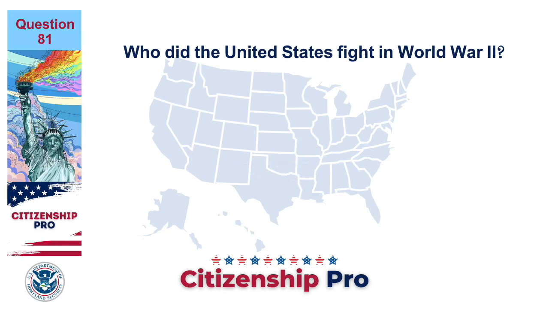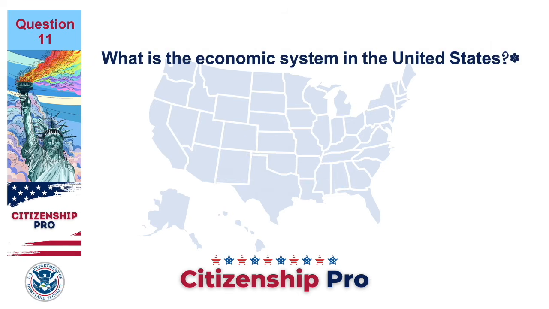Who did the United States fight in World War II? Japan, Germany, and Italy. What is the economic system in the United States?